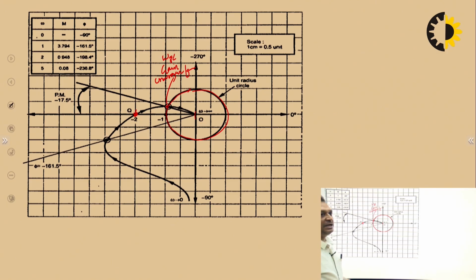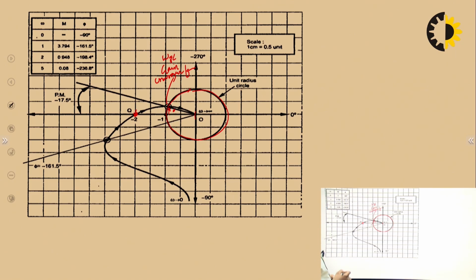And the angle at this gain crossover frequency, when we calculate it, becomes the phase margin. Let us suppose this angle is phi, so 180 plus phi is basically the phase margin.